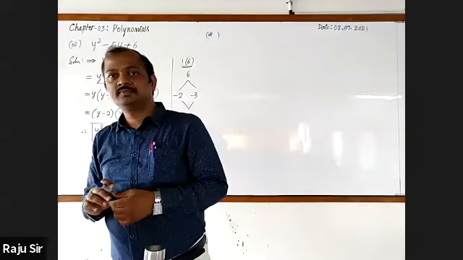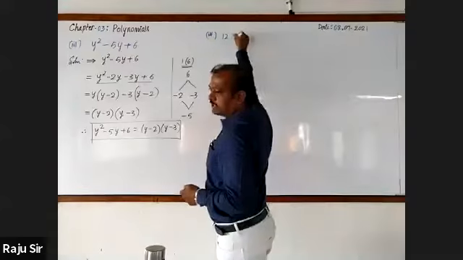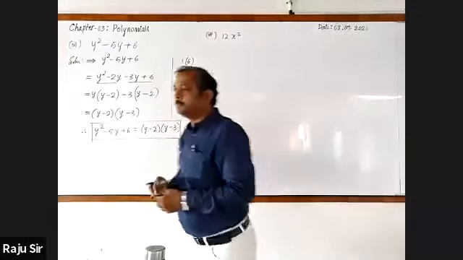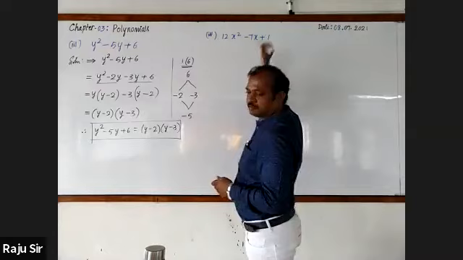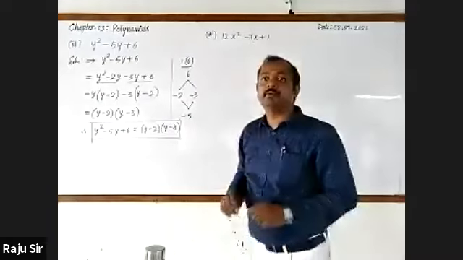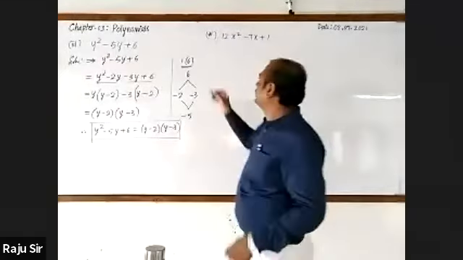Sir, I'll continue. Right. 12x squared minus 7x plus 1. This is the given polynomial. Please go on writing with me.